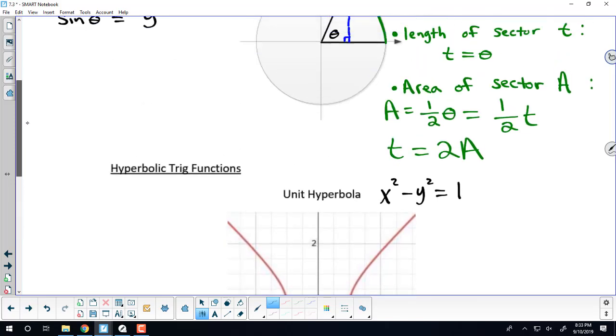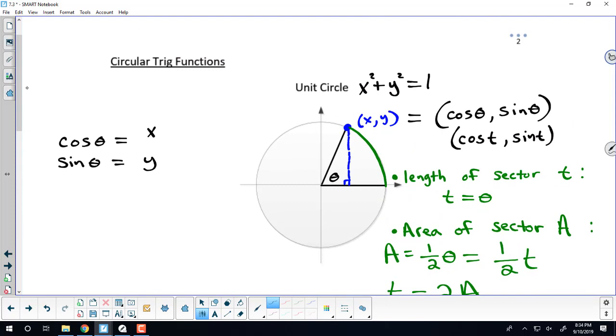If I say cosine of theta is x and sine theta is y, then cosine squared theta plus sine squared theta is equal to 1, just directly from the equation of the circle. So we said that was the fundamental identity for our circular trig functions.